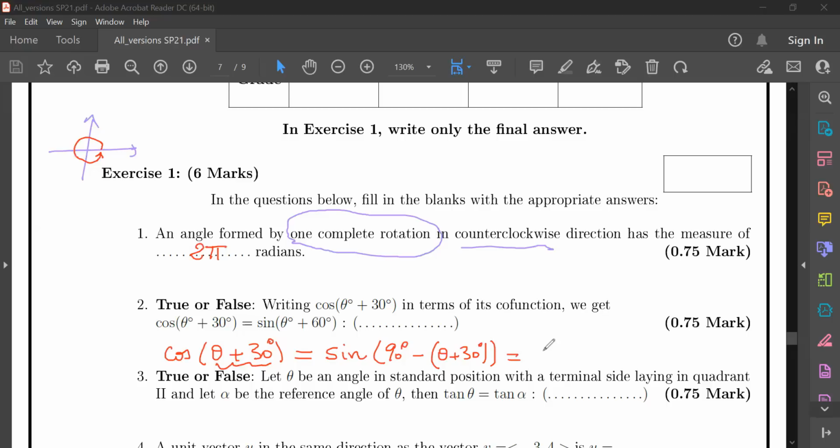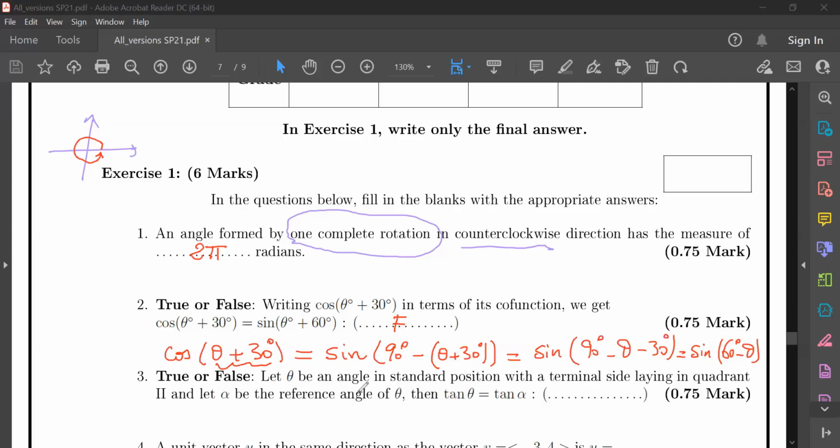We remove parenthesis: 90 degrees minus theta minus 30, and the final result is sine of 60 degrees minus theta. It's different from the proposal, so this is false.